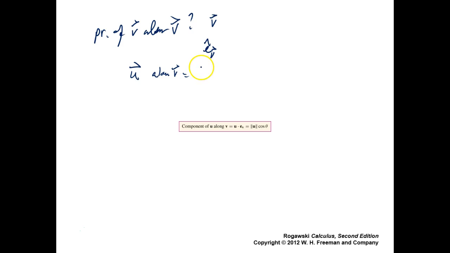We had that before. What was it? U dot V over V dot V. That's a scalar, because both of those times V. Okay, so let's do the same thing. That would be V dot V over V dot V times V. Not V dot U?